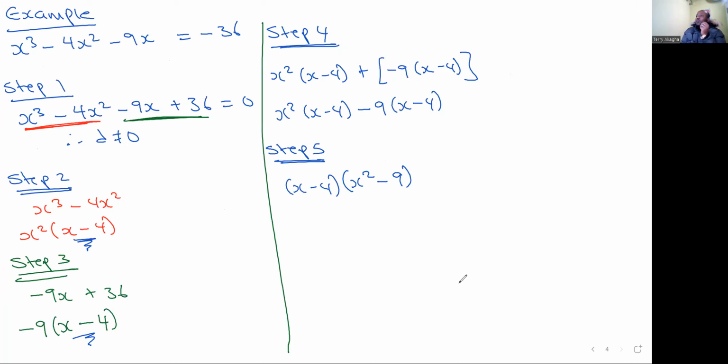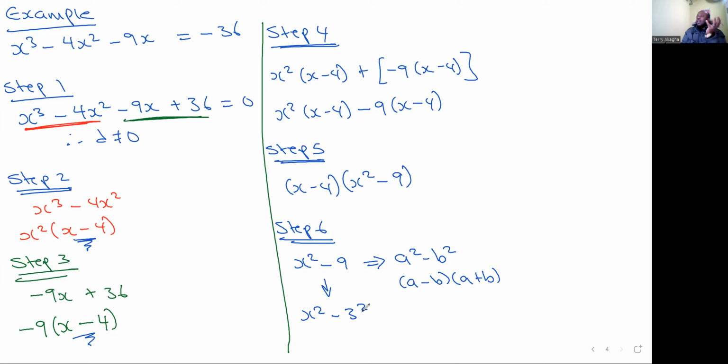Now step 6 said that we need to factorize the quadratic equation bracket. So the quadratic equation bracket we are having, step 6, is what? We're having x squared minus 9. Now, if you remember, this is similar to difference of 2 squares, which is a squared minus b squared. And I told you when you have a squared minus b squared, it's a minus b, a plus b. So you can also write this as x squared minus 3 squared, because 3 squared is written as 9.